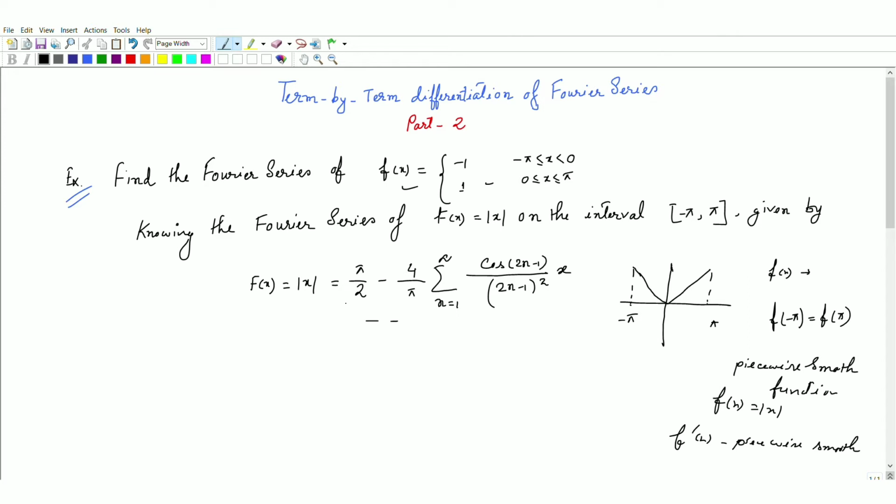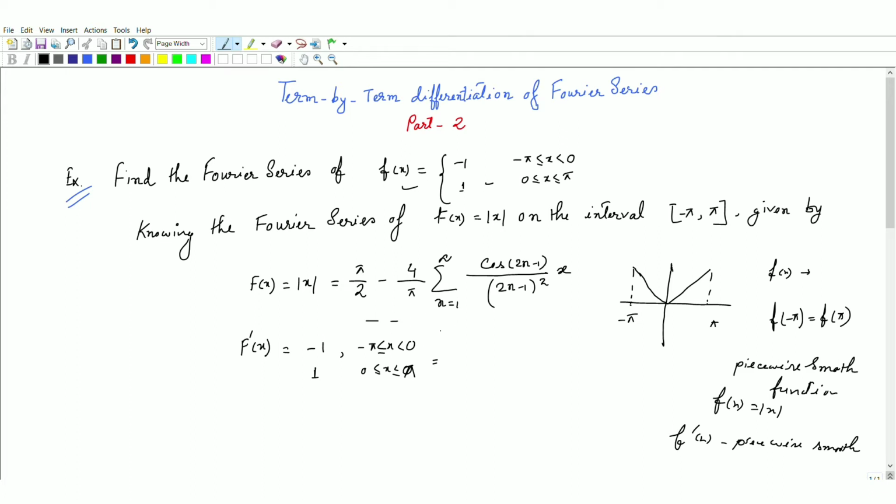If you do the differentiation of this function, f dash x will be -1 for -pi to 0, and 1 for 0 to pi. After differentiation, on the left hand side we get this, and on the right hand side we have to differentiate the series.